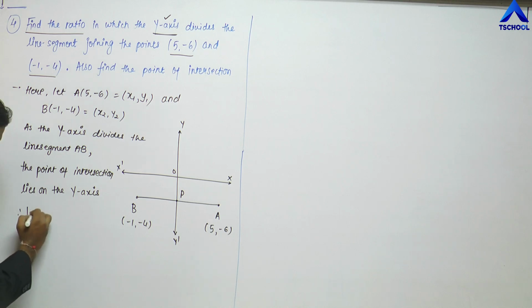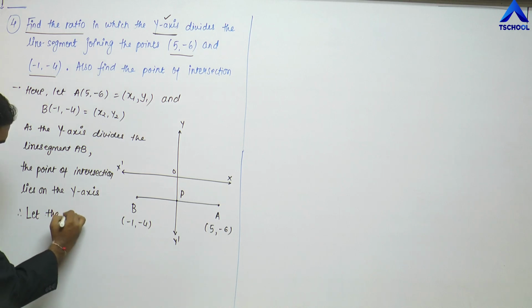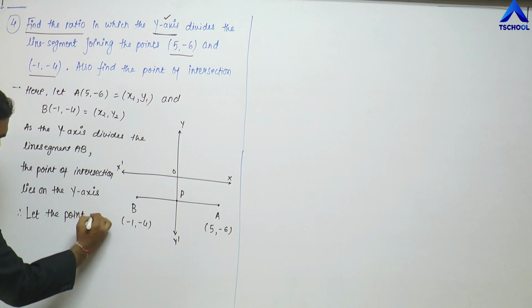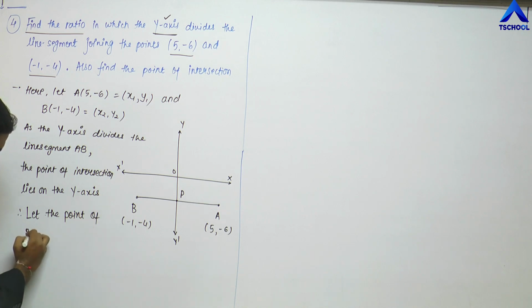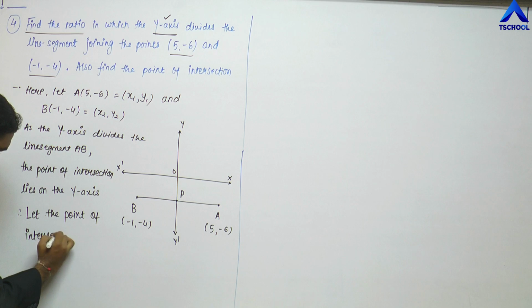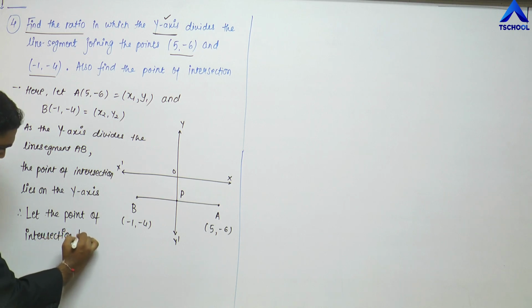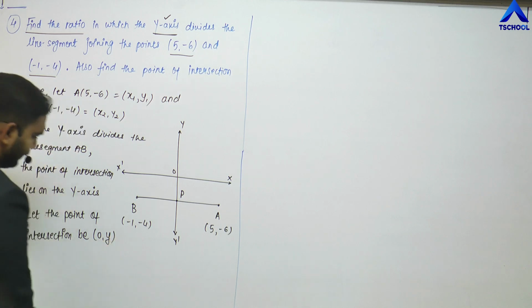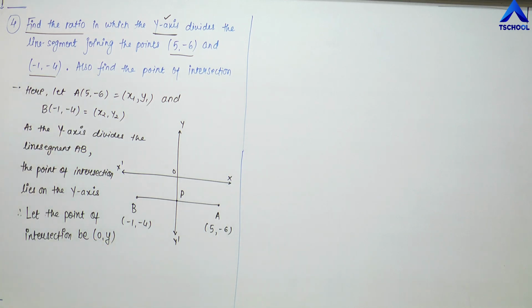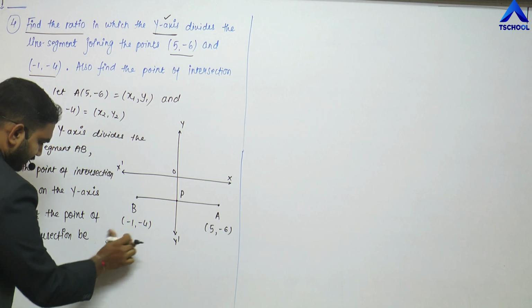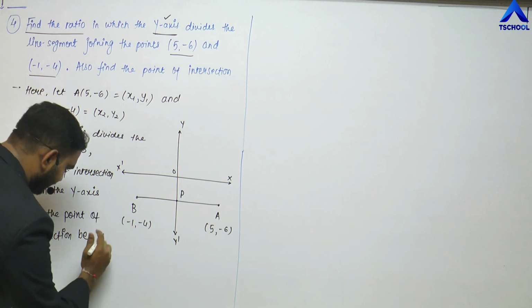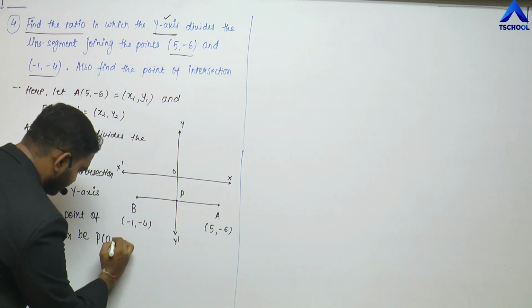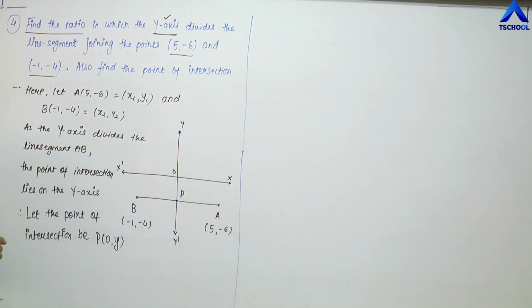Therefore let the point of intersection be (0, y), or let me write it as P (0, y). Is it clear?